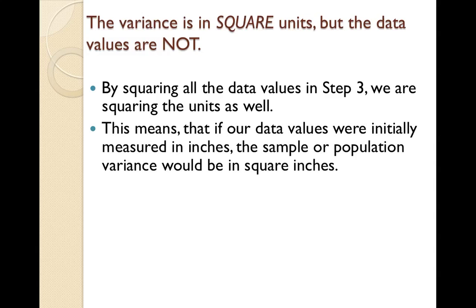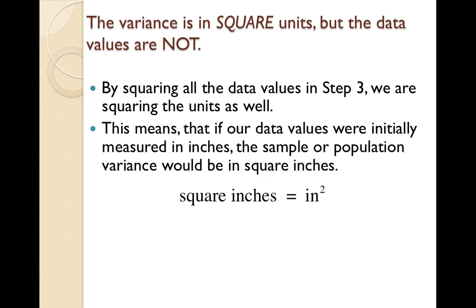If your data values were initially measured in inches, the sample or population variance would be in square inches, because when you square a data value in inches, you have inches squared as your units.